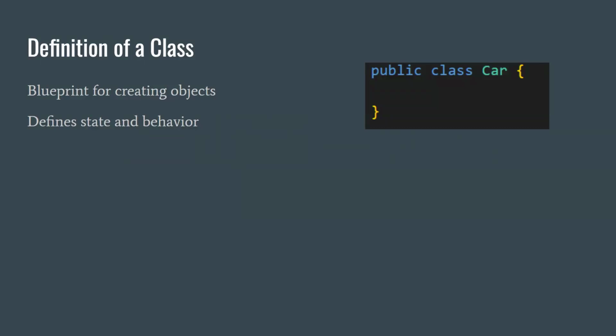You can think of a class as a template from which individual objects are made. If you look at this example, it defines a simple class named Car. This class does not contain any fields, methods, or constructor. It's right now a blueprint ready to be detailed.